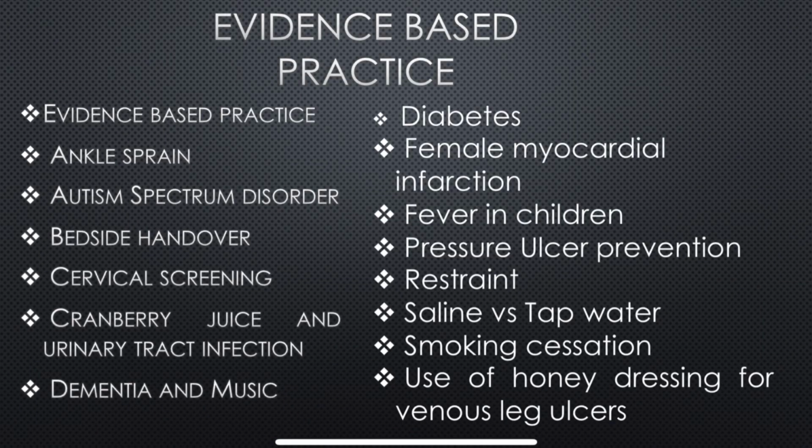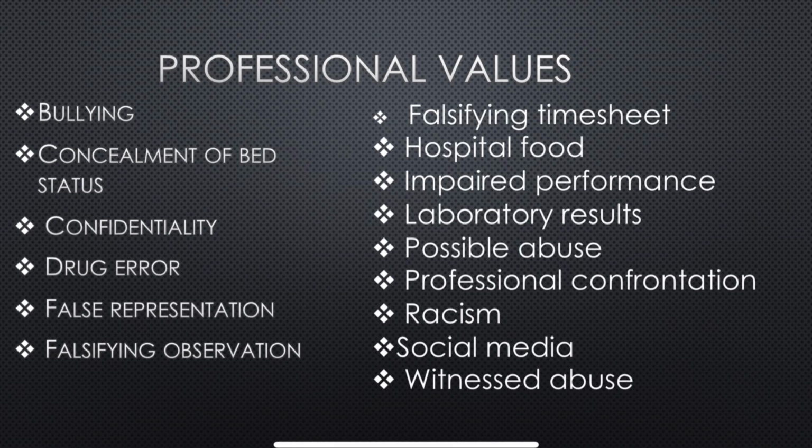That means you are going to have 4 skills, and then you have your evidence-based station, and then you have your professional value station. The evidence-based station is a silent station, and it is just 10 minutes. There are different topics, about 10 subtopics that you can have your question from in evidence-based. Likewise, in professional value, there are different topics that your question could actually come from, and you have to make sure that you familiarize yourself with each of those topics.